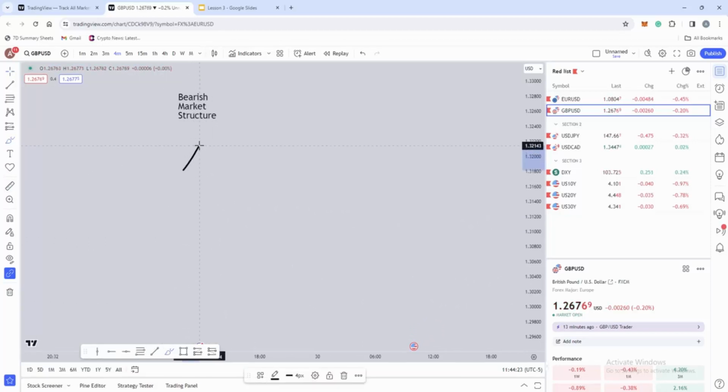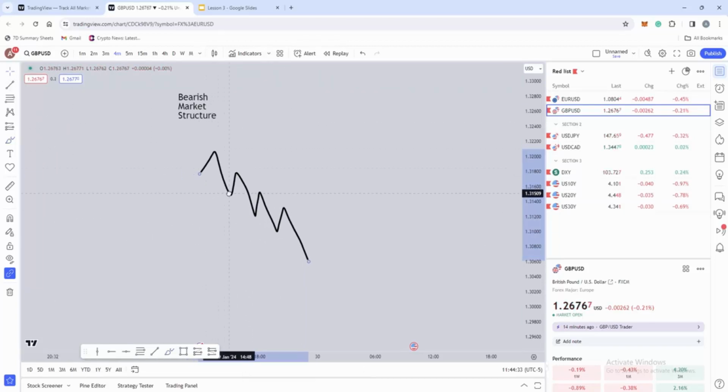We have our low, we have a high, lower, retracement, lower, retracement. I hope you guys are getting the hang of it now. So I'm gonna just give you guys a minute to point out where are the expansions, where are the retracements, and where are the lower lows and the lower highs.